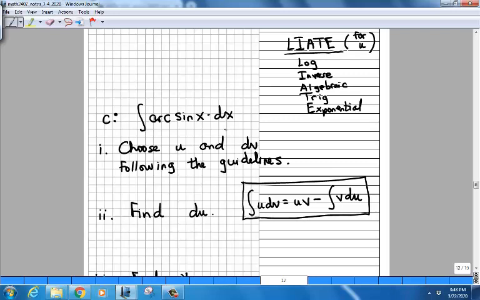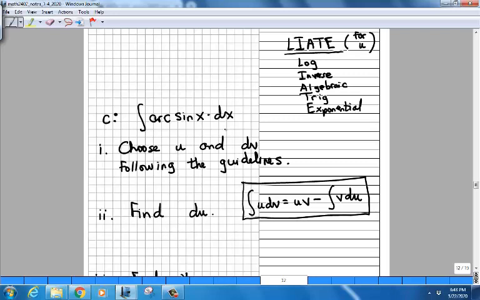So what the LIATE method says is that if you have a log function in your integrand, that is what you're going to let be u. Log has precedence, so first look for a log, and if you have a log, you let that be u. Next, if you have an inverse function in your integrand, you let that be u.